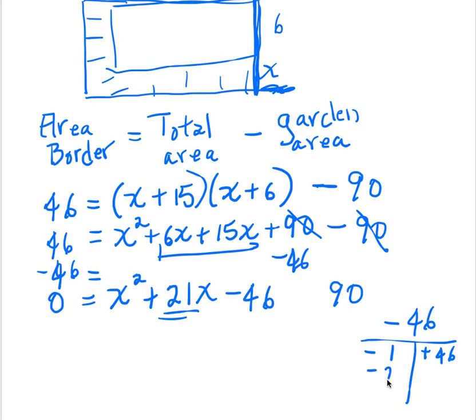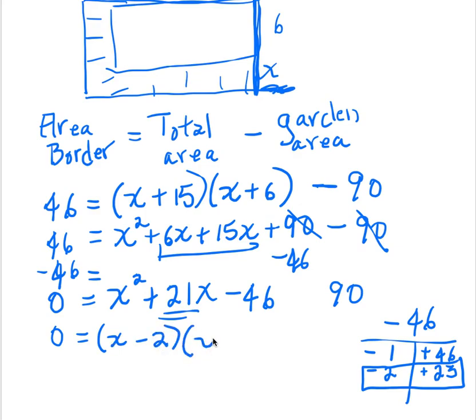Then I do negative 2, and 46 divided by 2 is 23. So negative 2 and positive 23. I think we got our combination, because if I combine those, that will combine to a positive 21. So that's 0 equals x minus 2 times x plus 23.